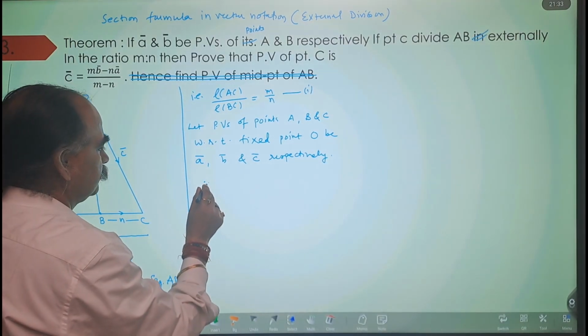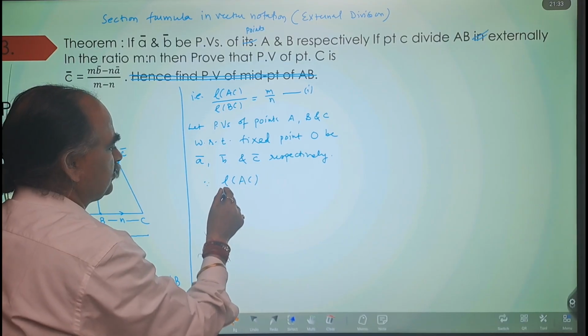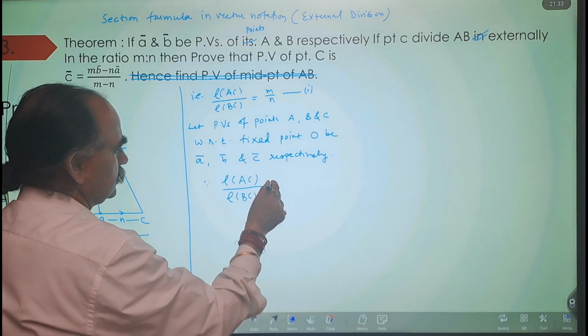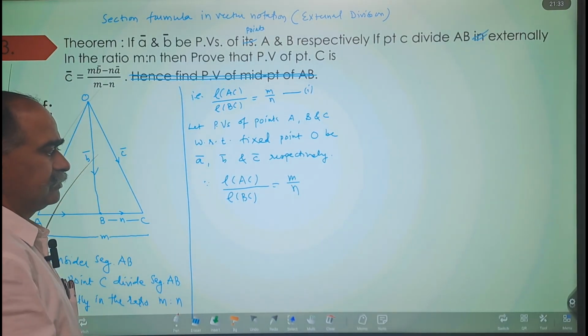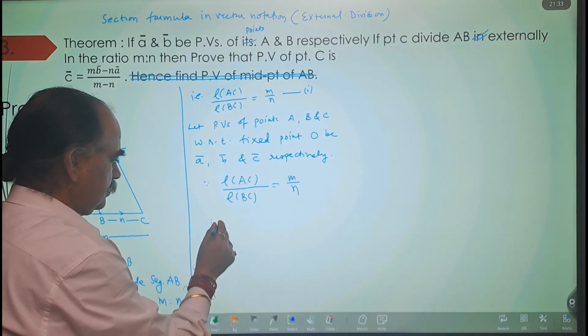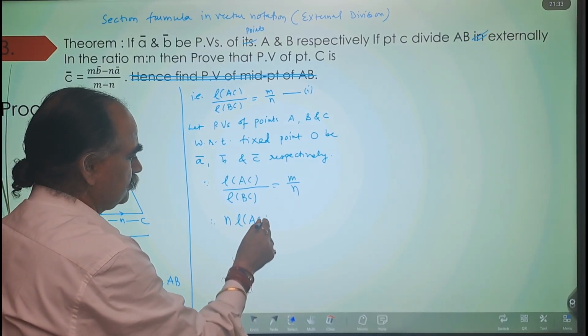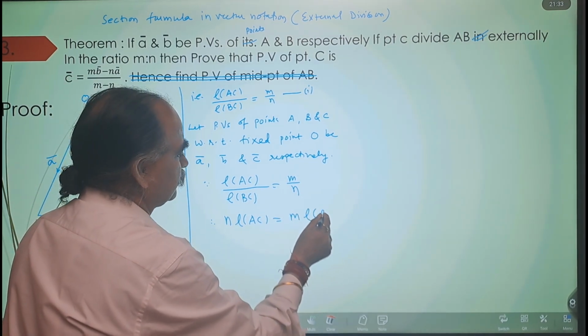Since length AC upon length BC is m by n, so n times length AC is equal to m times length BC.